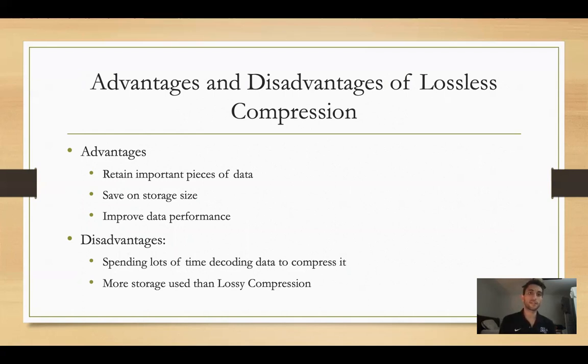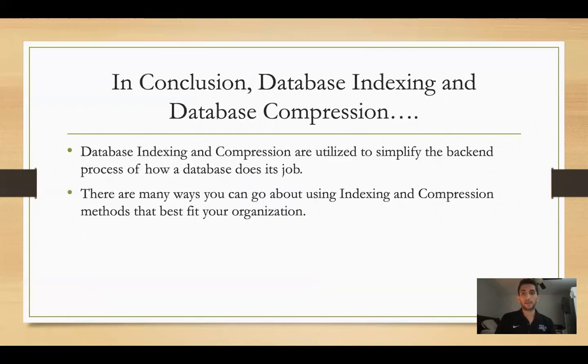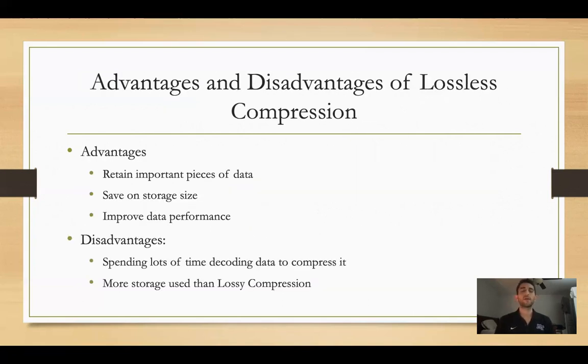So with the advantages, lossless compression does help retain important pieces of data. Like I said, it doesn't go in and delete everything like lossy, but it goes in, finds everything that's redundant, and basically says, hey, for this file, we have 10 pieces of redundant data.